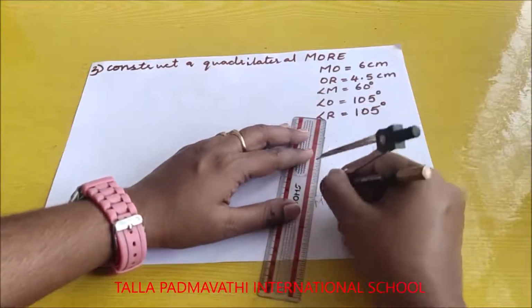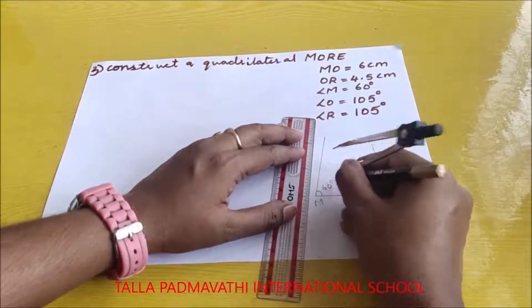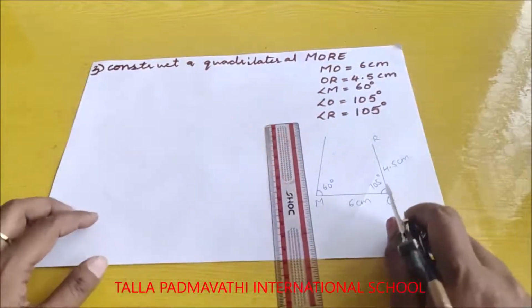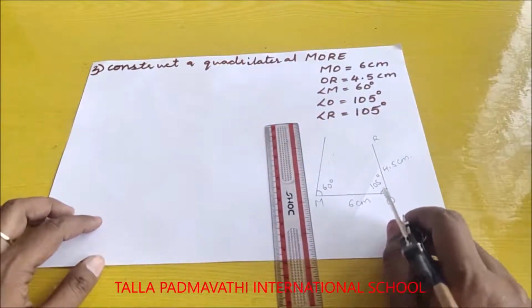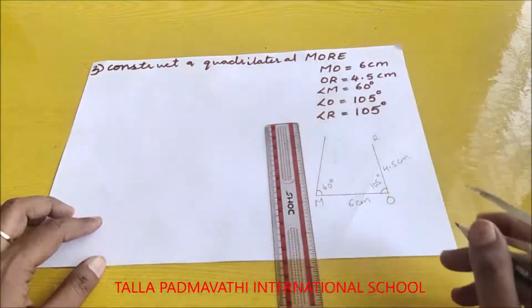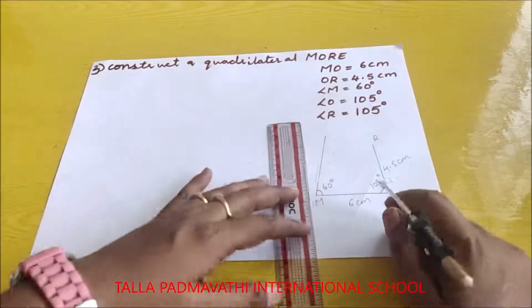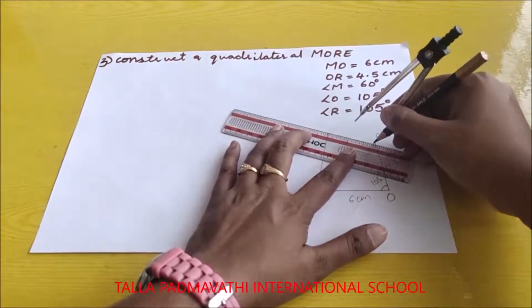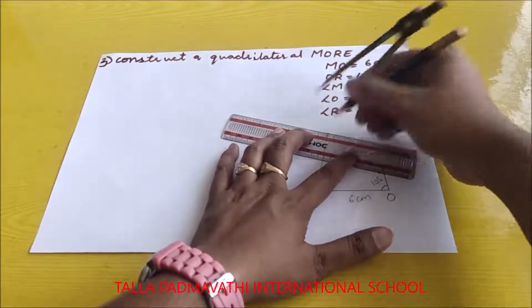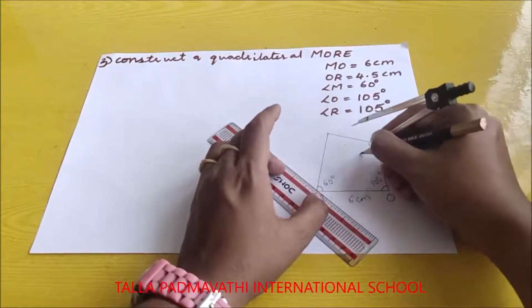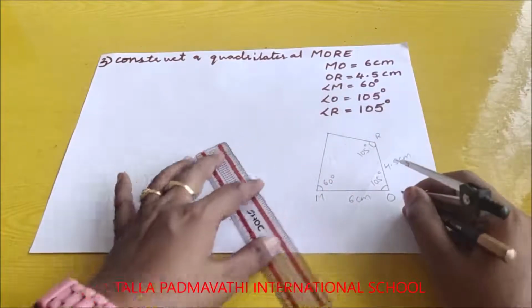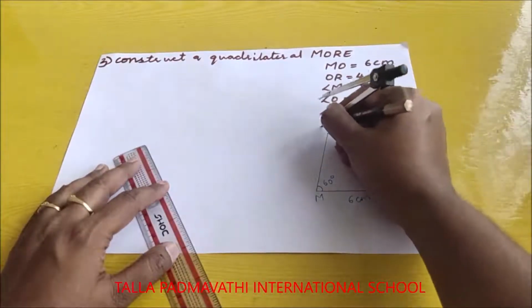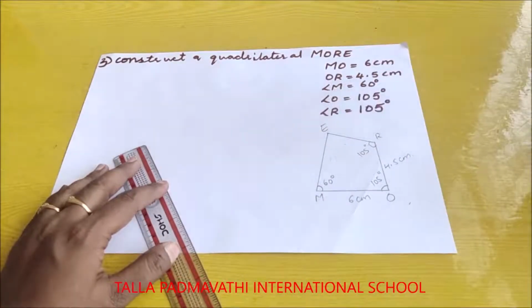So draw 60 degrees. And next we have angle R as 105 degrees. So here you will be getting 105 degrees. So this is 105 degrees. MORE, this point is E, children.